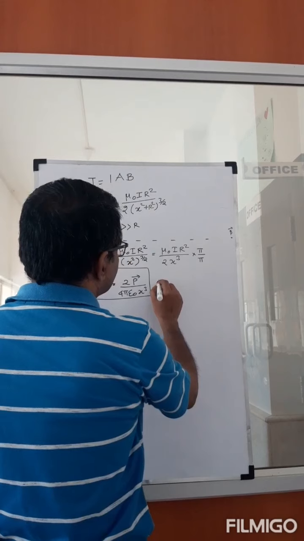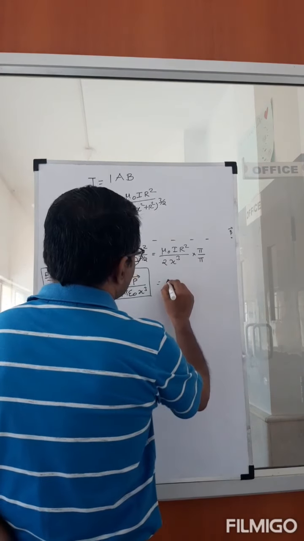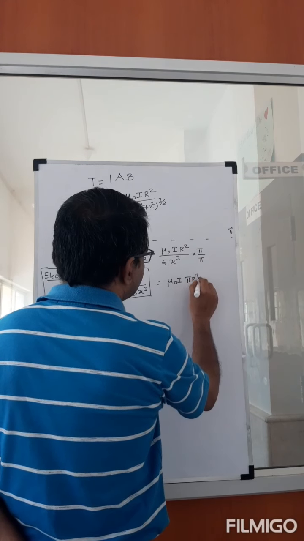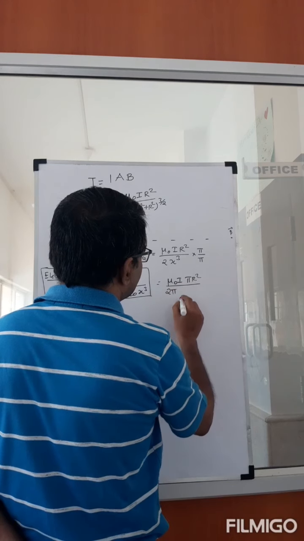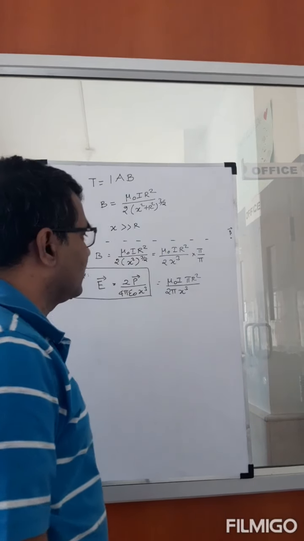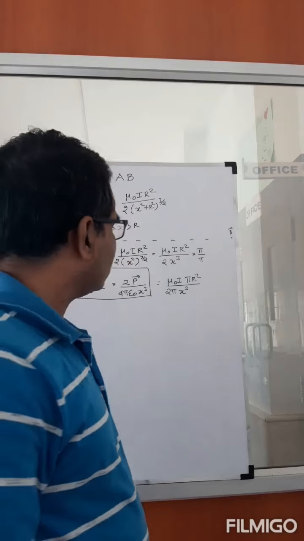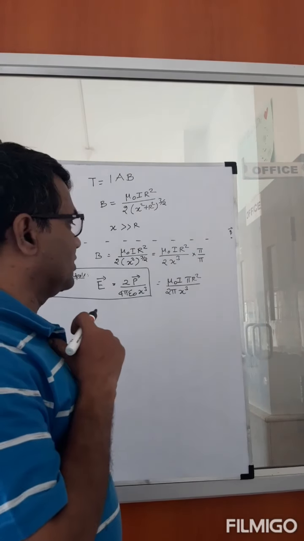So that gives me mu naught I pi r squared divided by 2 pi x cubed. So what is it going to give me?